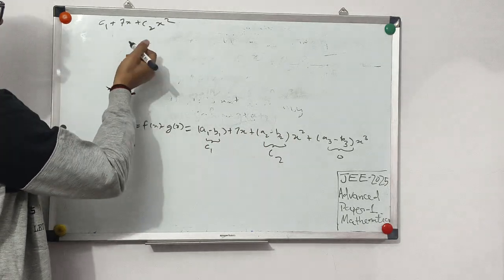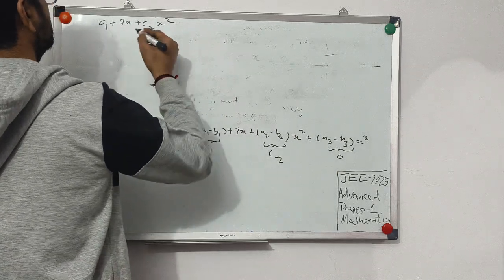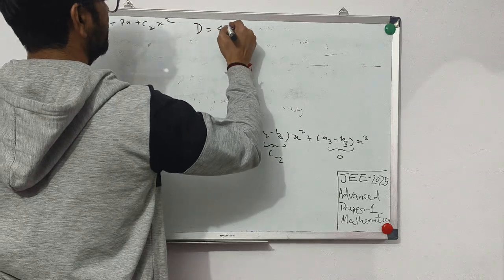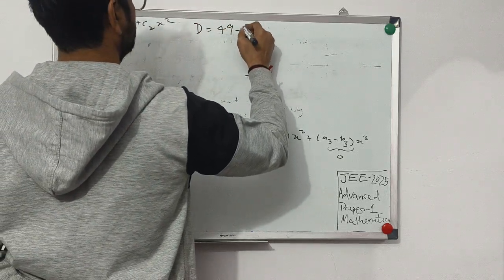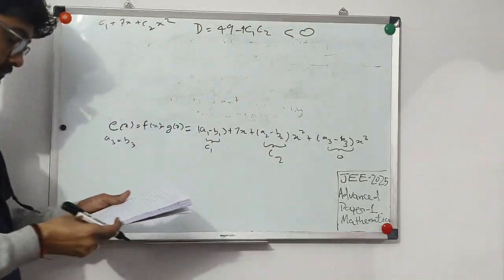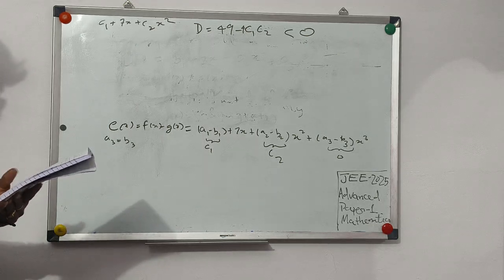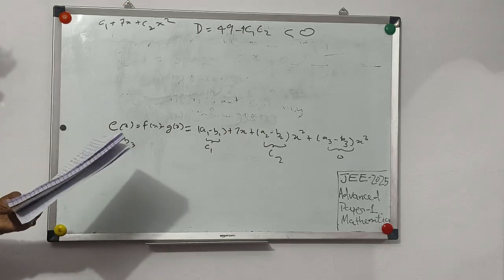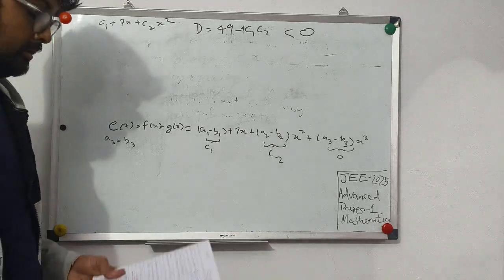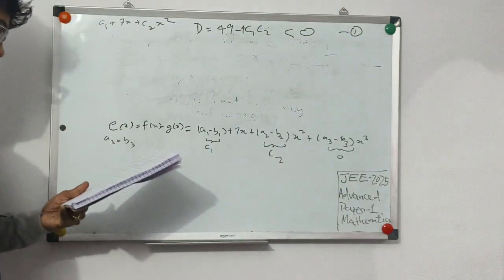It's a quadratic function, so its discriminant must be negative for it to not have any real root, which means the discriminant will be b square minus 4ac, that is 49 minus 4 c1 c2, and it must be less than 0. Now this is one condition we get.